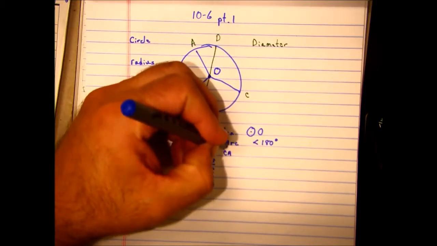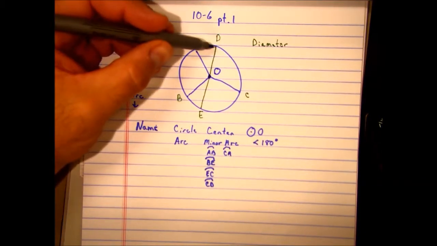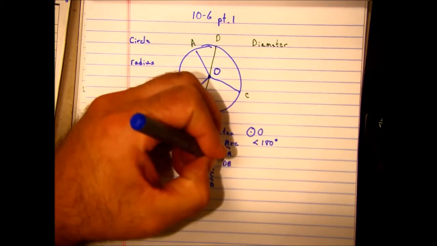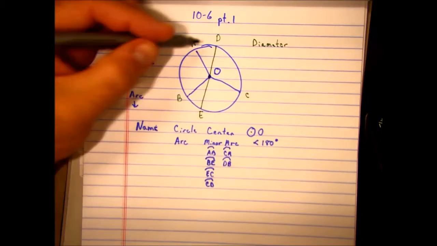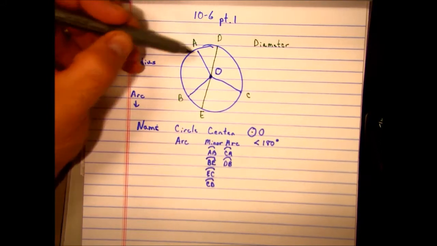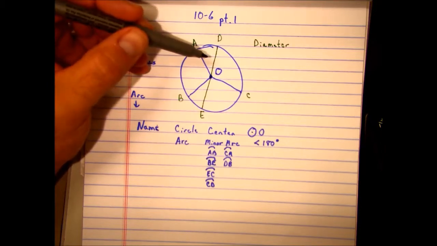All of these are considered minor arcs. You have minor arc DB. It's where I start and where I stop. Notice, I can switch directions.